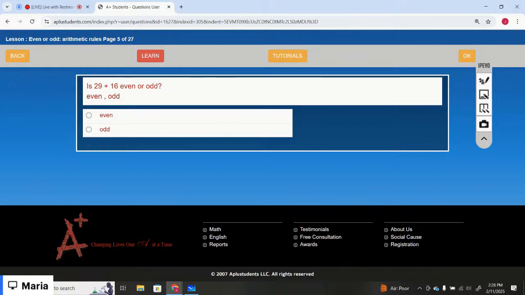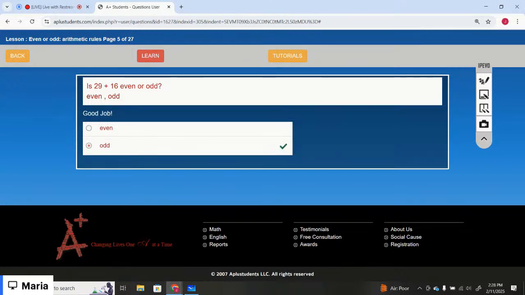Is 29 plus 16 even or odd? So the sum of an odd and an even number is odd. The correct option is odd. Option number 2 is the correct option.